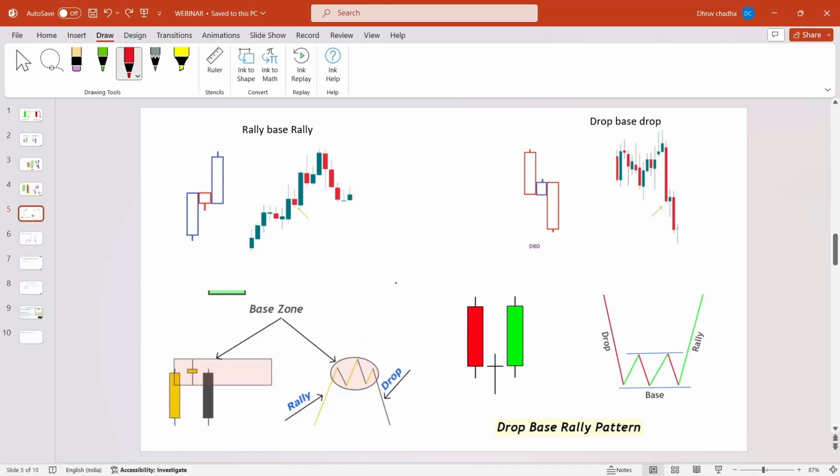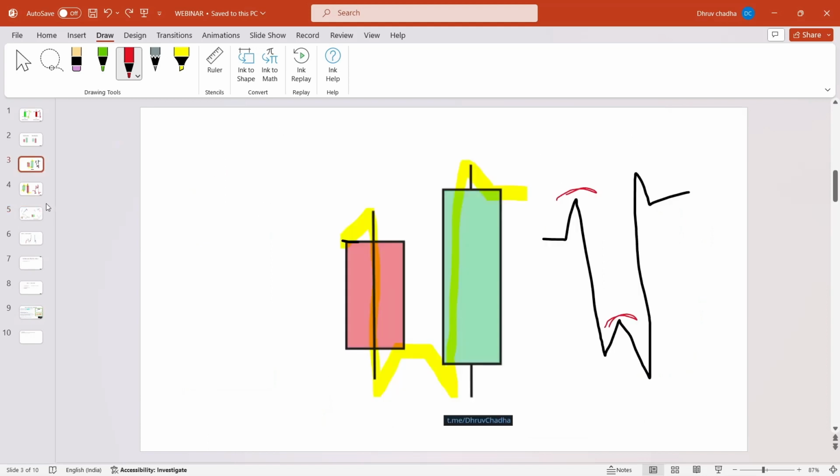And this is the vice versa for the drop base rally, base drop. So this is our engulfing sell. So this is drop and this is base. This is drop. We can simply see over here, we have a drop, we have a base, we have a drop. So now, what do we expect?